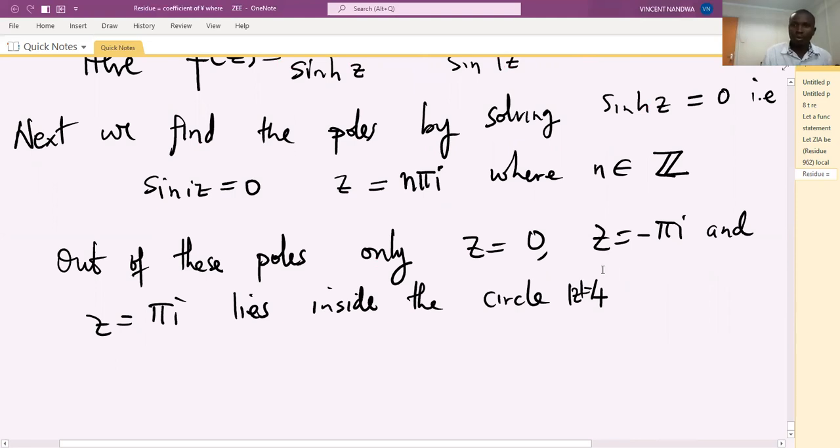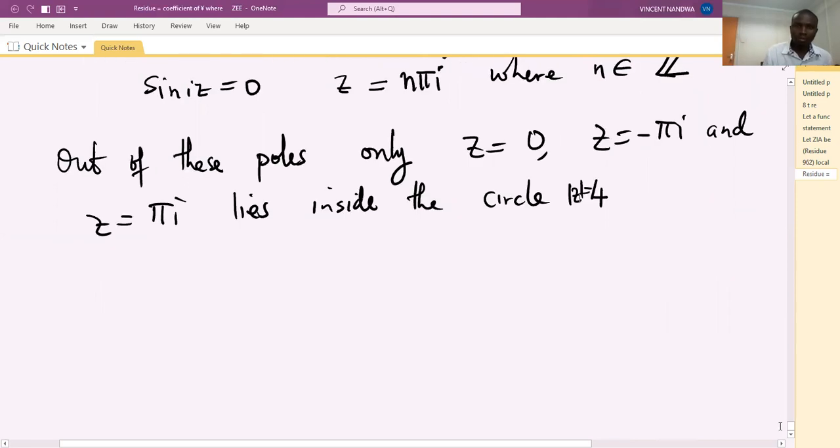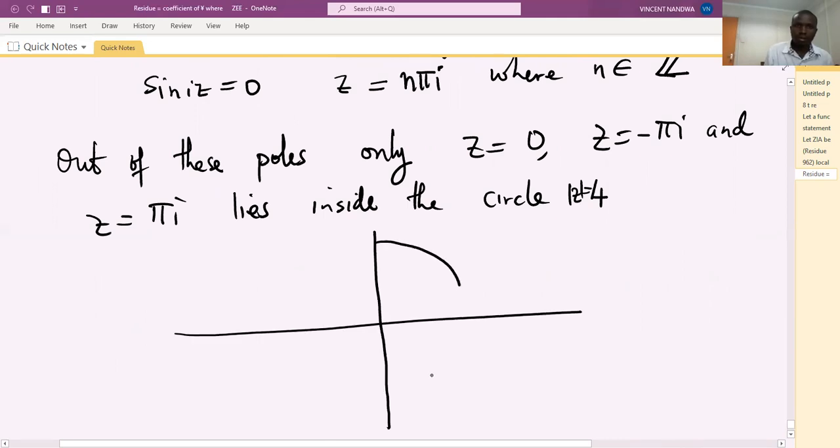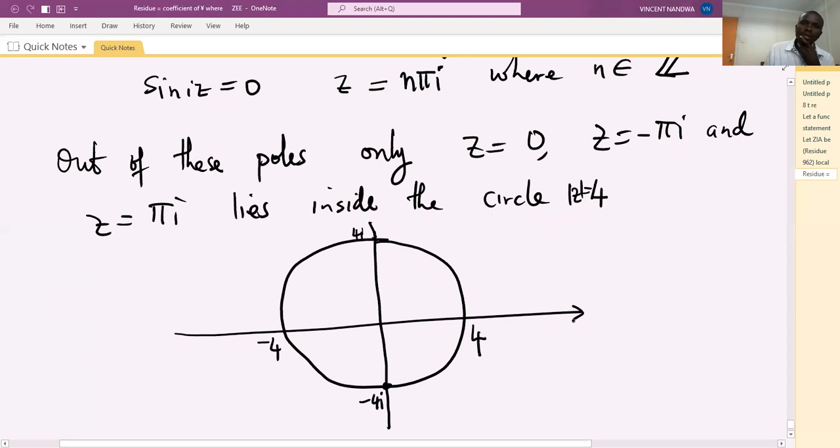So when you draw the circle, the specified circle has a radius of 4. So this is 4, this is minus 4, this is minus 4i, and this other one is 4i. So this is the real axis, this is the imaginary axis.